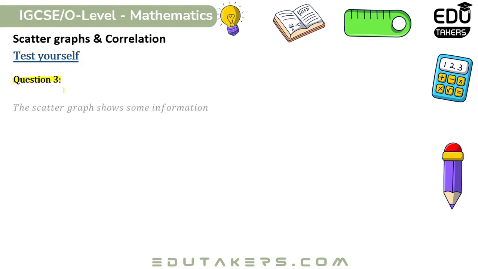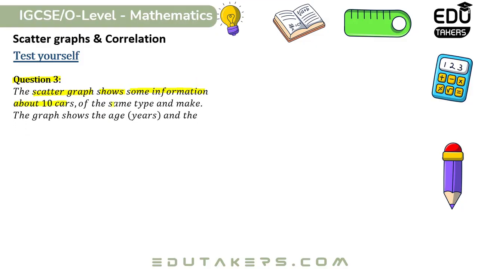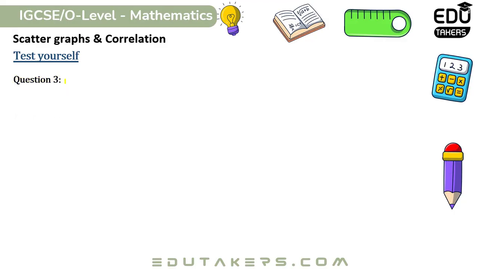Question number 3. The scatter graph shows some information about 10 cars of the same type and make. The graph shows the age in years and the value of each car, shown in the diagram.